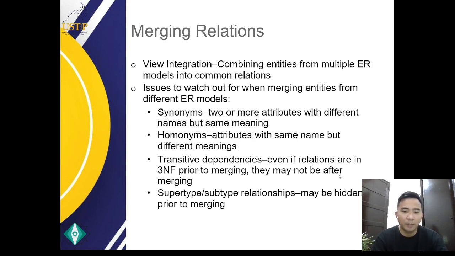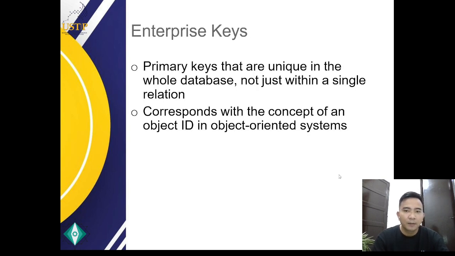This may involve renaming attributes, resolving conflicts between homonyms, and ensuring that the resulting relations are in normal form. We have here the enterprise keys: primary keys that are unique in the whole database, not just in a single relation. It corresponds with the concept of an object ID in object-oriented systems.